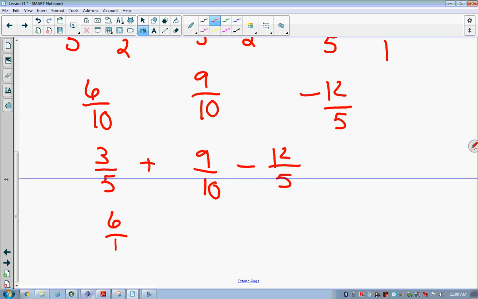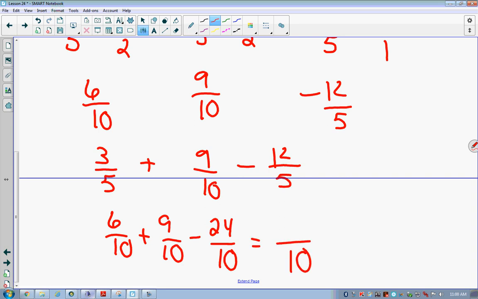So 6/10 plus 9/10 minus 24/10. Okay, we know we're going to get our answer into tenths. 9 plus 6 is 15. 15 minus 24, negative 9. Negative 9/10 is my answer.